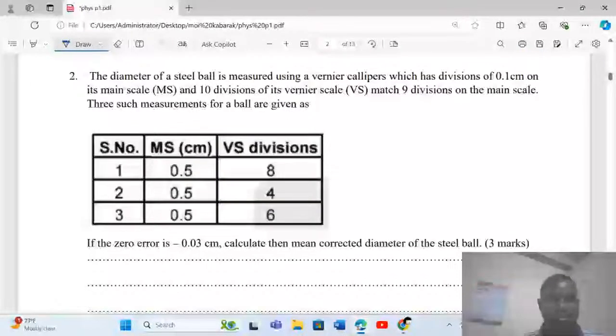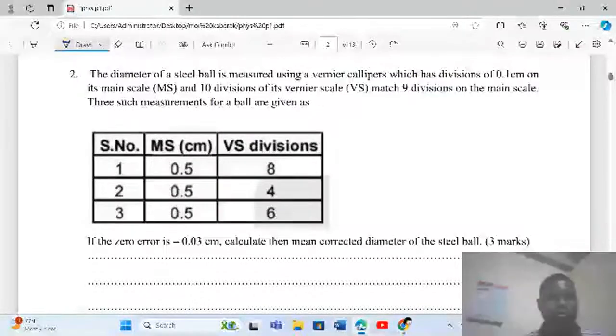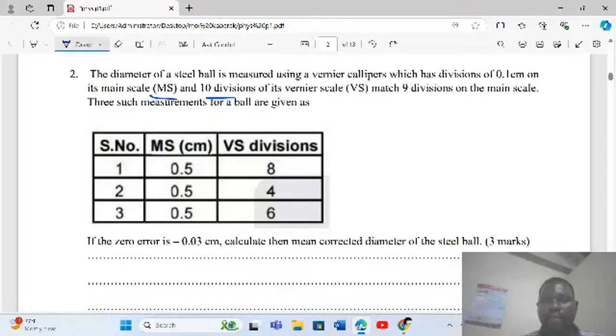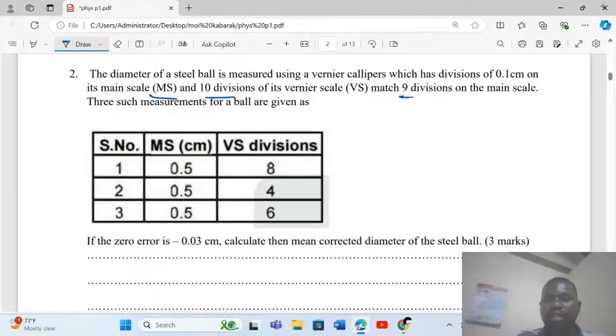The diameter of a steel ball is measured using a Vernier caliper, which has 10 divisions of 0.1 centimeters on the main scale, and 10 divisions of its Vernier scale matching 9 divisions on the main scale.